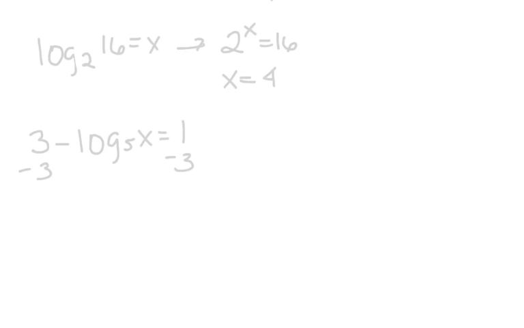That means the negative log base 5 of x equals negative 2. We can get rid of those negatives. That means log base 5 of x equals 2. That means 25 equals x, because 25 is 5 squared.